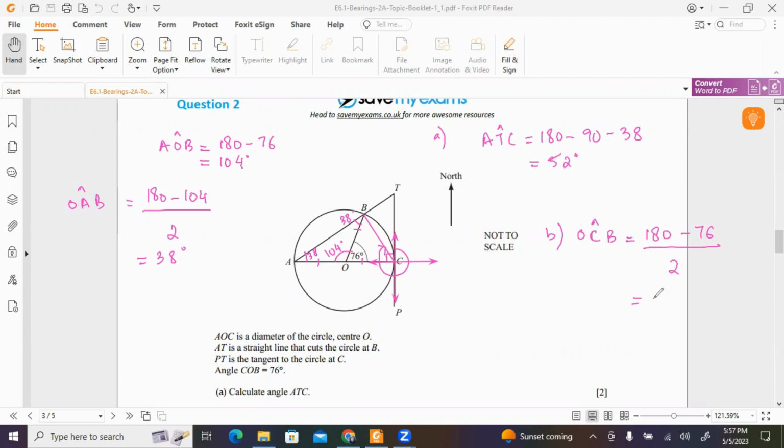So that's going to be 52. And the bearing will be 270 plus 52, which will give us 322 degrees. Yeah, that is your bearing of B from C.